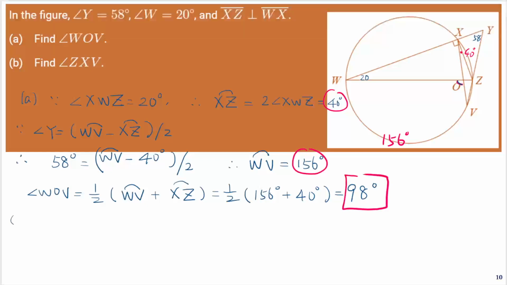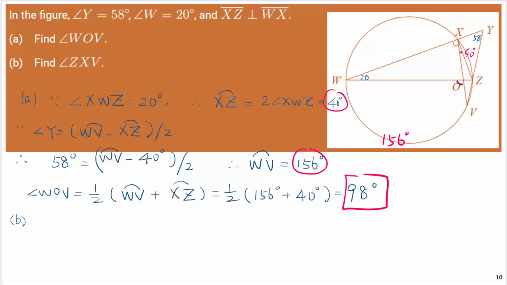Okay, next let's consider the angle ZXV. So we can use arc VZ here to find the angle ZXV, right? So angle ZXV is basically half of the corresponding arc because it's inscribed in the arc ZV.